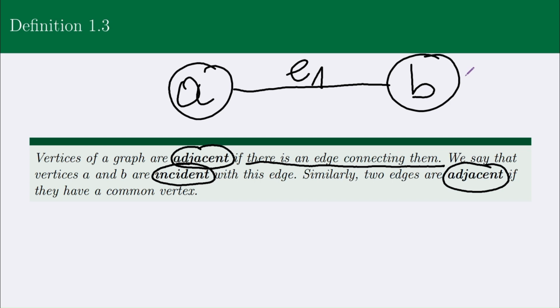So for example, somewhere here is vertex C, there is an edge E2, and we can say that E1 and E2 are adjacent because they have a common vertex, vertex B.